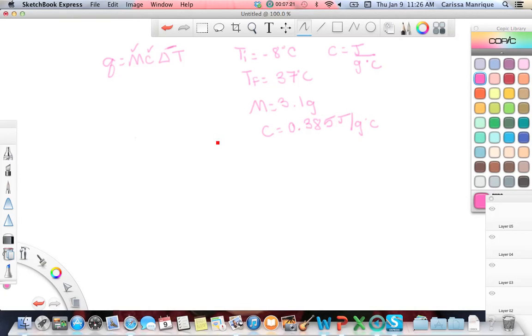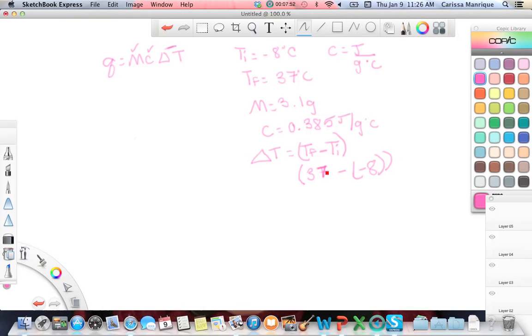Let's calculate delta T first. Delta T equals temperature final minus temperature initial. Our final temperature is 37 minus a -8, right?